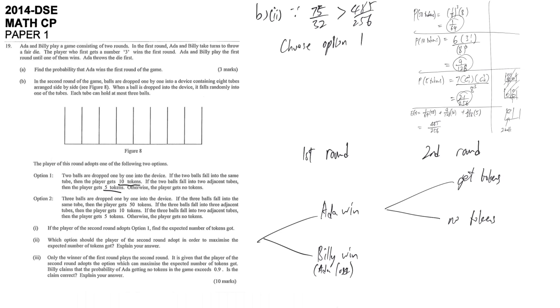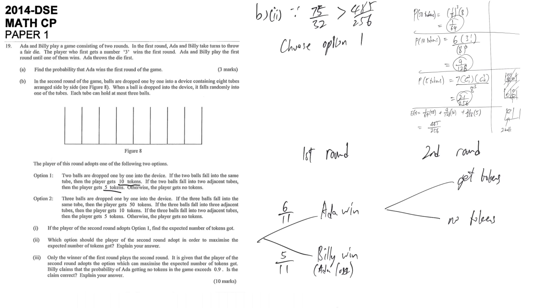What we care about is the probability that Ada gets no tokens. So if we group all the things together, just now in part A, in the first round, Ada wins with probability 6/11, and loses with 5/11 because they are complementary.